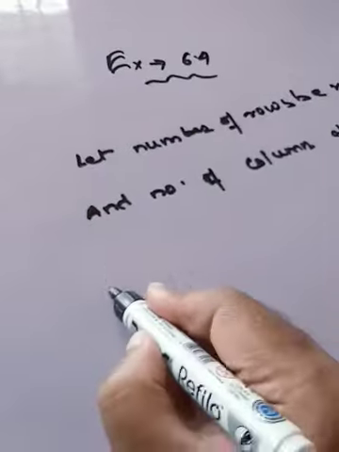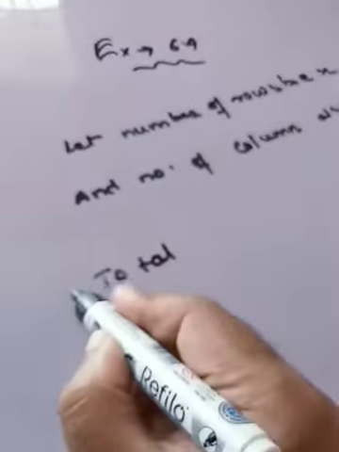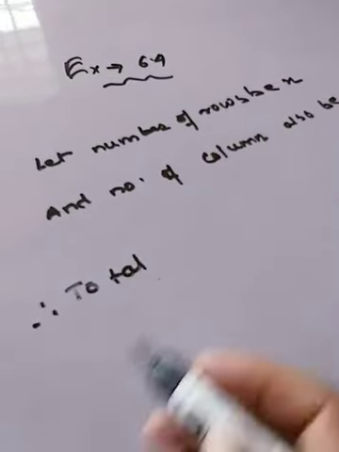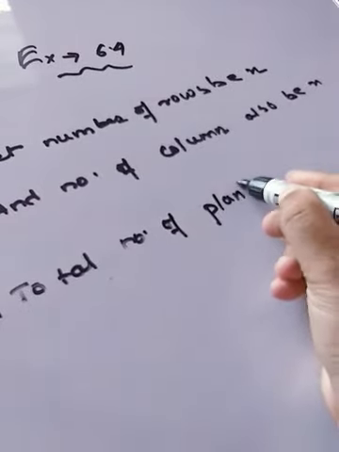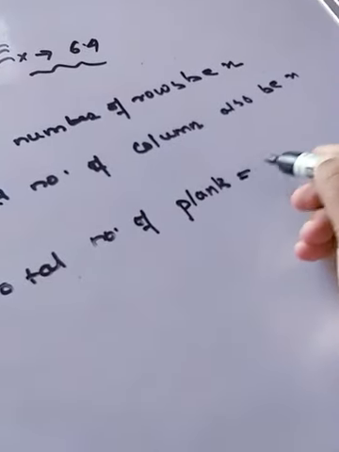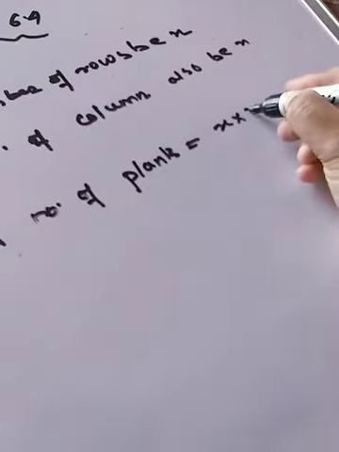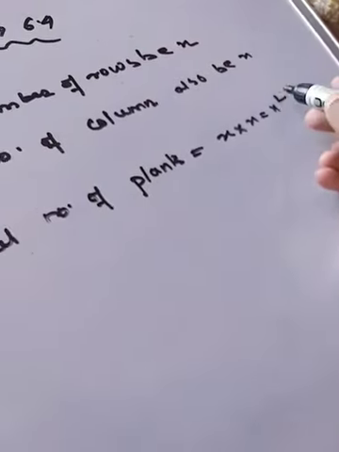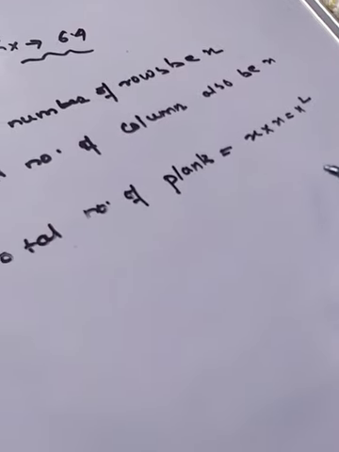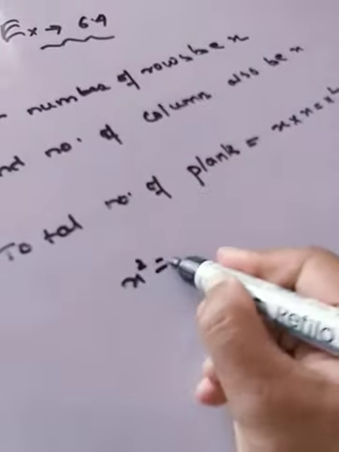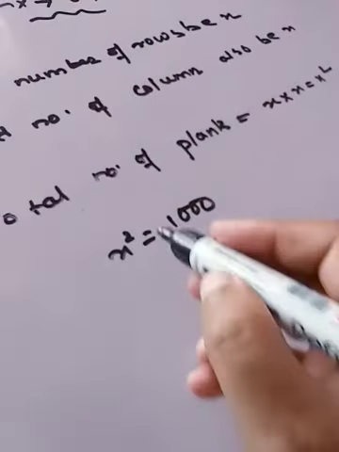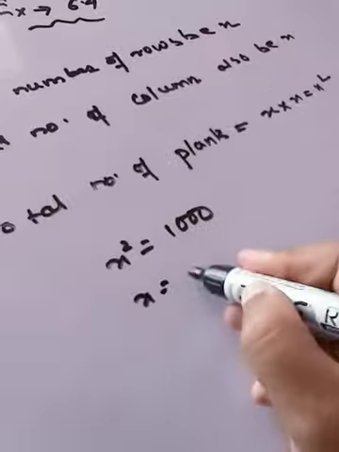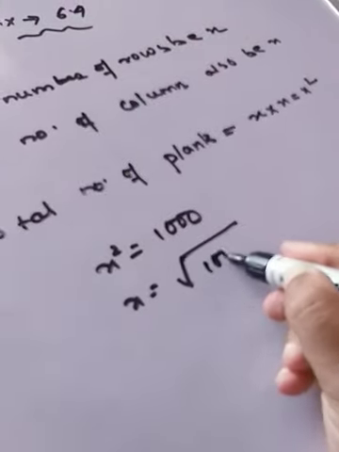So what will be the total number of plants? Total number of plants will be equal to rows into columns, so x into x, that will be x square. So he needs this many plants. So x square should be equal to 1,000.